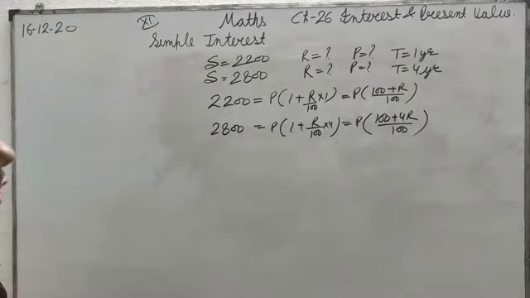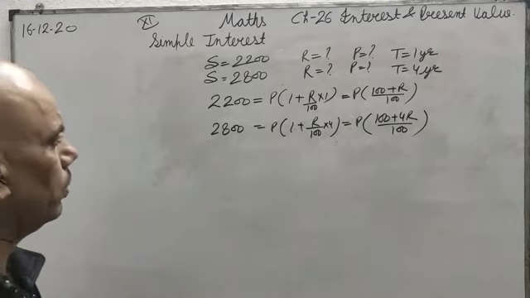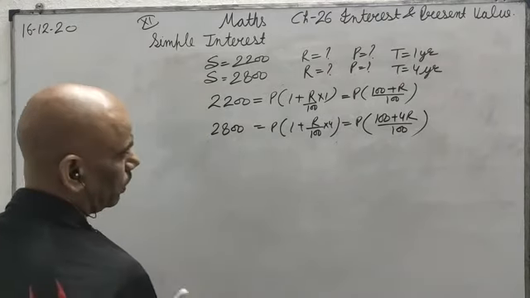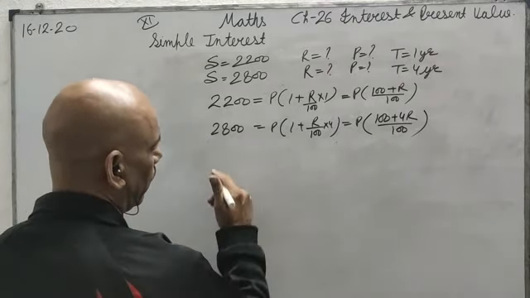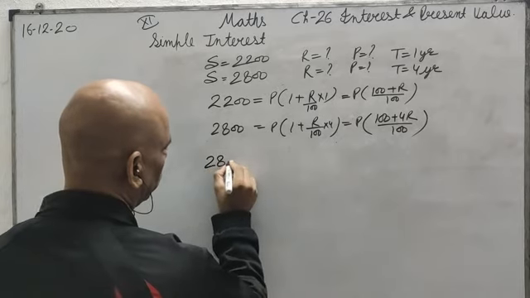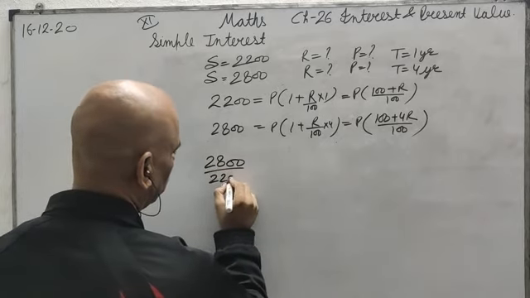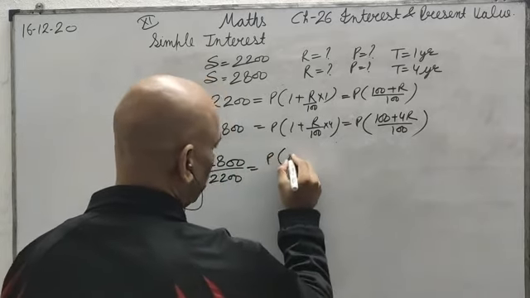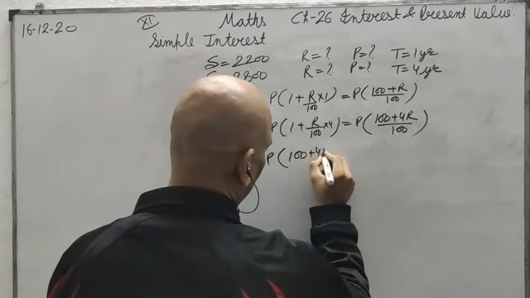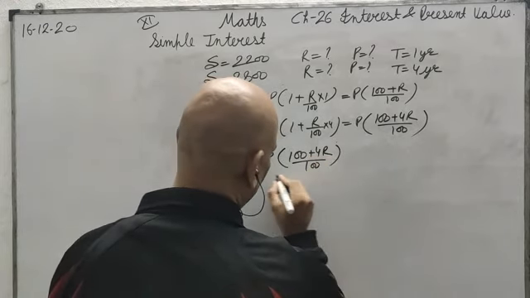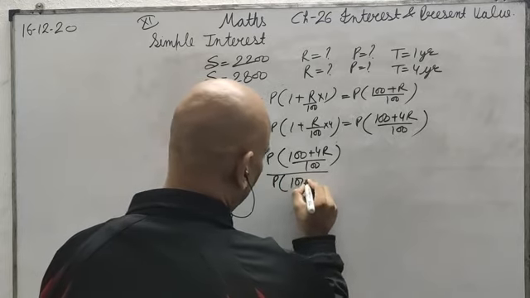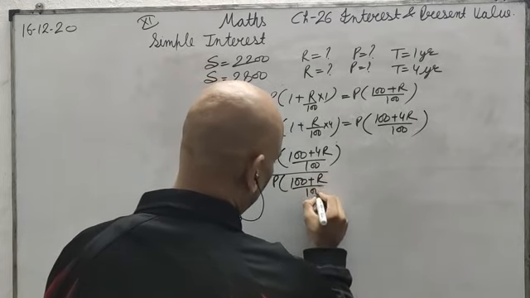Now we want to get the value of R and P. So if in one equation two unknowns are there, either we will substitute the value or we will have to think of something else. So what we can think of, let us divide both of them. So 2,800 upon 2,200 is equal to P(100 plus 4R) upon 100 divided by P(100 plus R) upon 100.